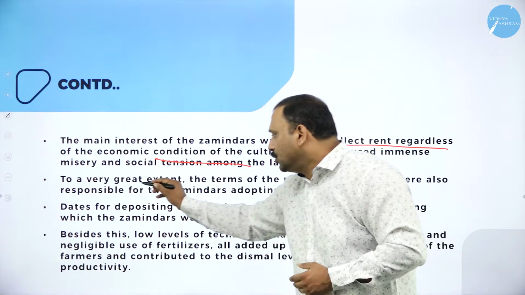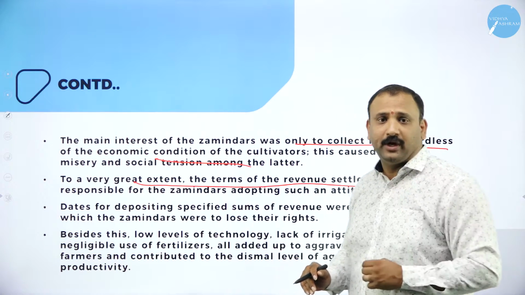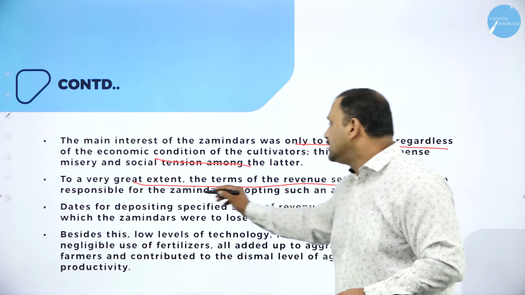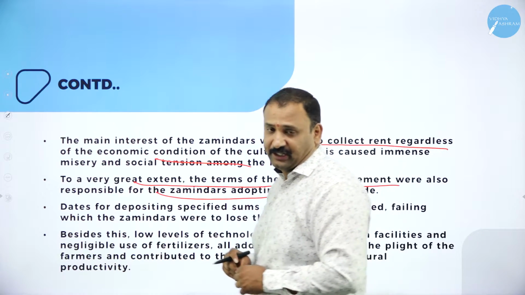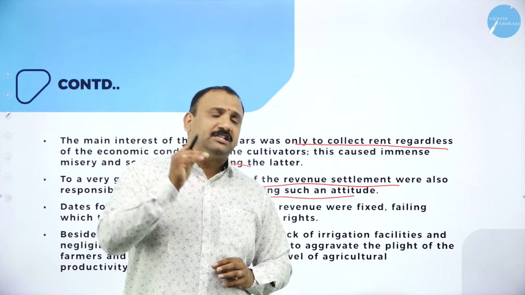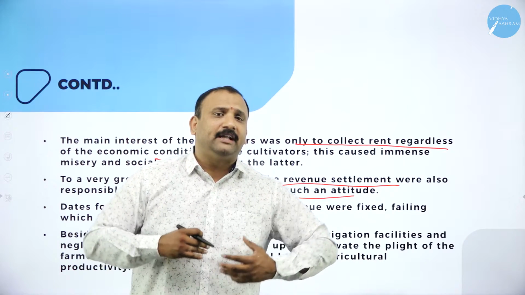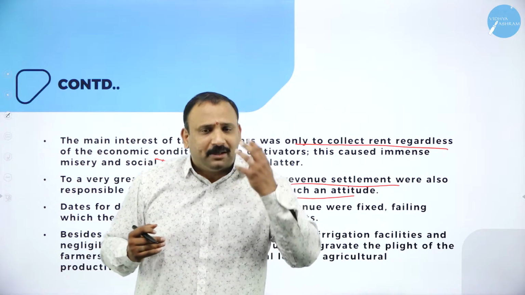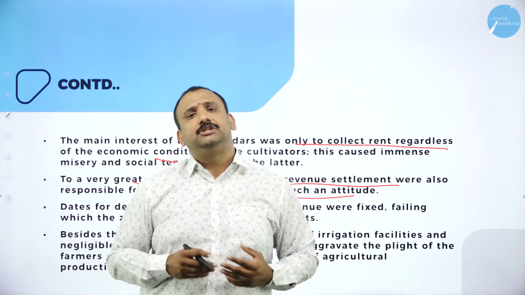The second one: to a very great extent, the terms of revenue settlement, I use the word revenue settlement, were also responsible for Zamindars adopting such an attitude, which means: I'm only concerned about revenue, I'm not concerned about growth, I'm not concerned about development, I'm not concerned about any other factor. I want the money to be settled. I don't want to know in what conditions you are surviving.